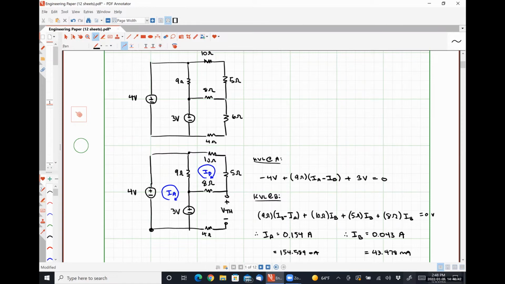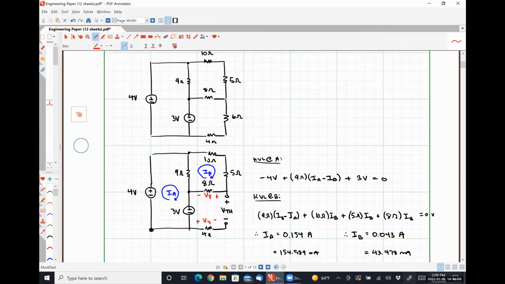Okay, so let me write some things down here. I'm going to call this voltage V8, and I'm going to call this voltage V4.